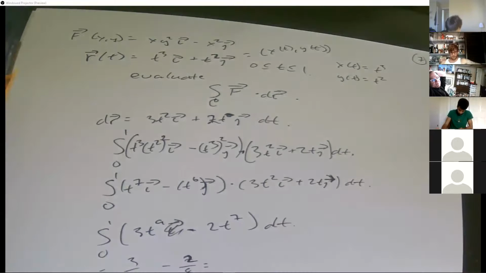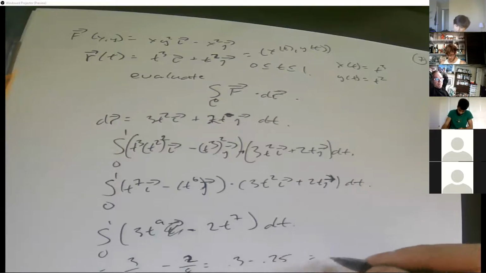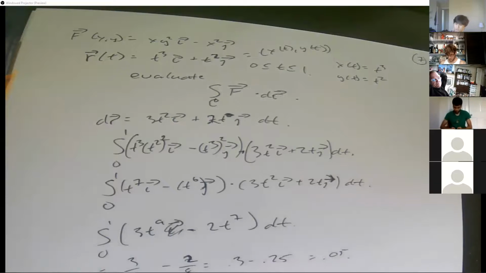Whatever number that is, we wanted to compute it just because it would give us some sense. 0.3 minus 0.25, 0.05. So that's 1/20th. Okay, good.